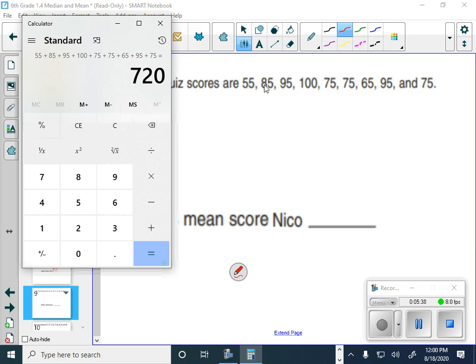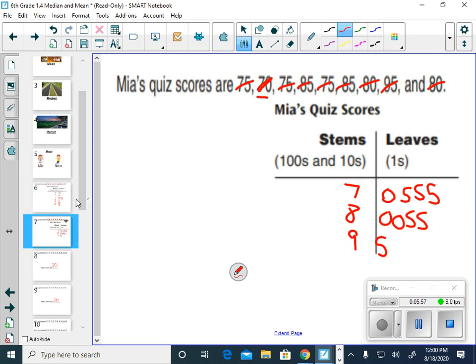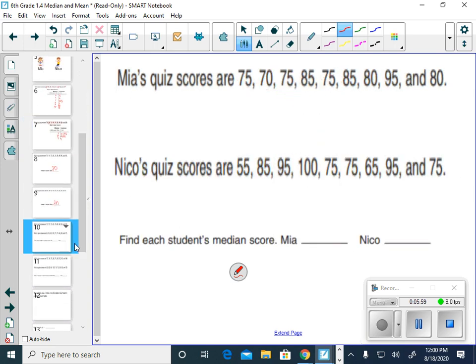We have 9 tests divided by 9, just like the other one. And we have an 80 here as well. So even though he got a 55 on a score, this 100 kind of outweighs his scores a little bit. Pretty interesting.